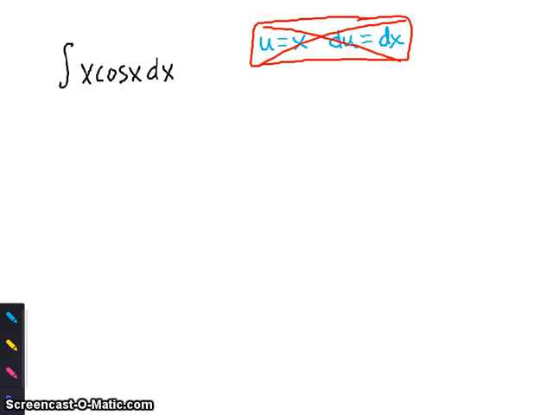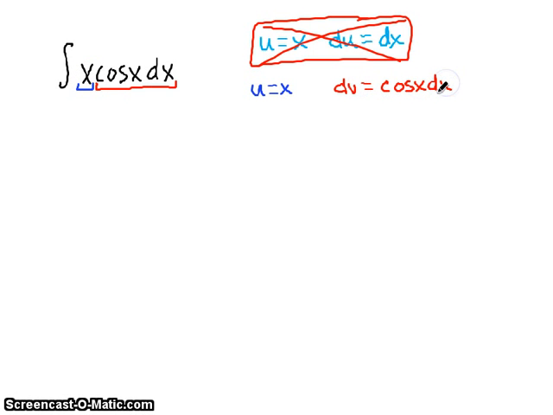We need to think that, one, because u didn't work, and two, because we have a product inside of our antiderivative. If we think about LIPET, L, there's no logs, I, there's no inverse trig, P, there is a polynomial right there. So our u is going to be x, which means our dv is everything left over: cosine of x dx.